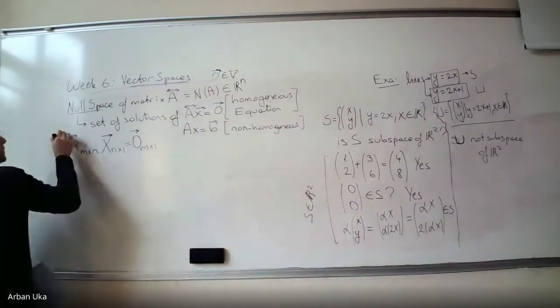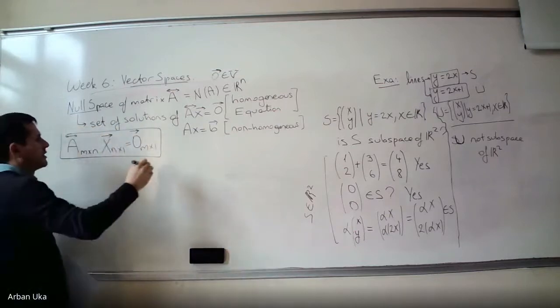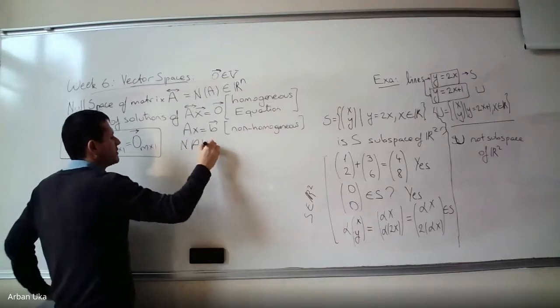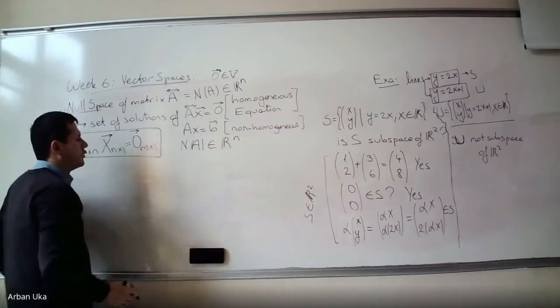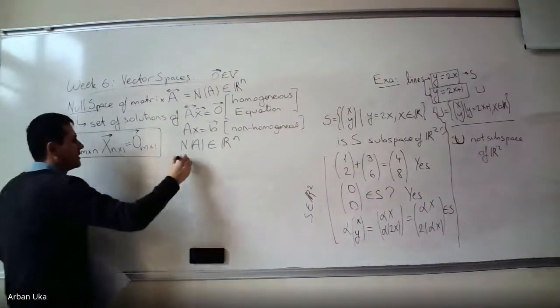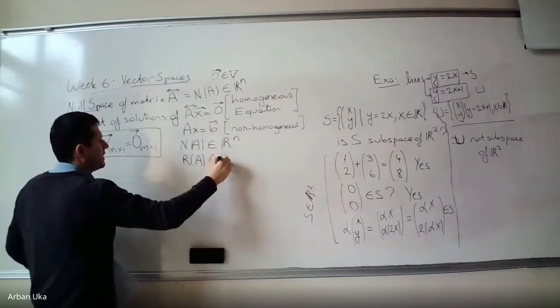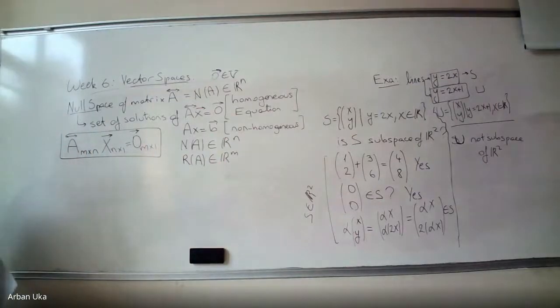And I want to ask you something. What is the range? So maybe we can write this again. The null space of A is a subspace of Rn. What about the range of A? What is the dimension of the range of A? Rn. That is correct. Why is this so? Why is the range of A a subspace of Rn?